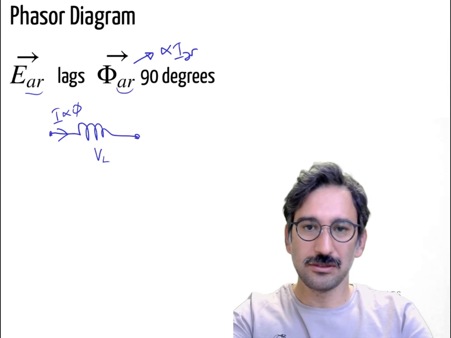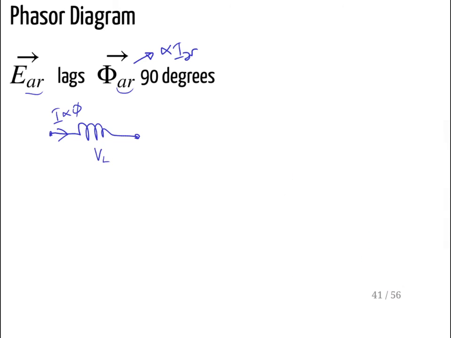Anyway, let's define it mathematically. If you remember, the induced voltage in a coil was minus N dφ/dt, right? This was minus dφ/dt.